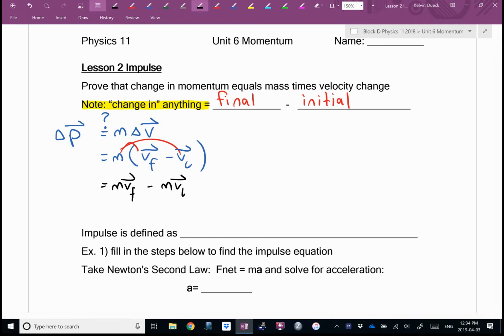As a physics concept, what is mass times velocity the same as? Now you're knowing why I did that little rant at the beginning of the lesson. I said momentum is what times what, and you all said mass times velocity. So what's mass times velocity final? Momentum.